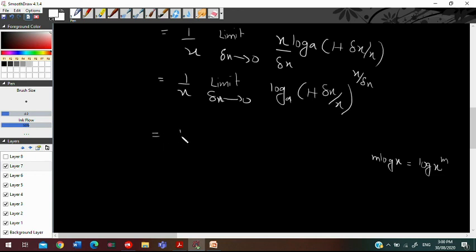Now if we have limit and log at a time, then first we apply the limit.